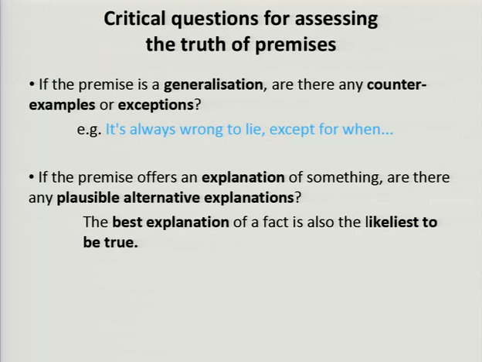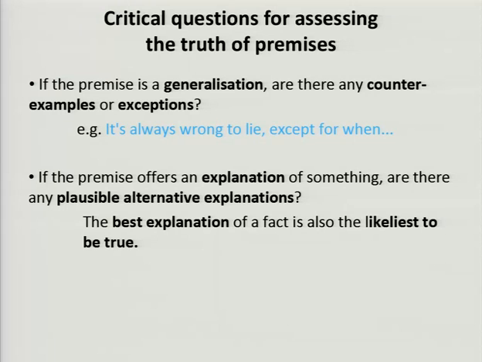Are there any alternative explanations on offer? And here the interesting thing is not only whether there are alternative explanations. An outlandish explanation isn't going to be very interesting, unless you're looking at it in the context of a very specialized philosophical discussion, for instance.